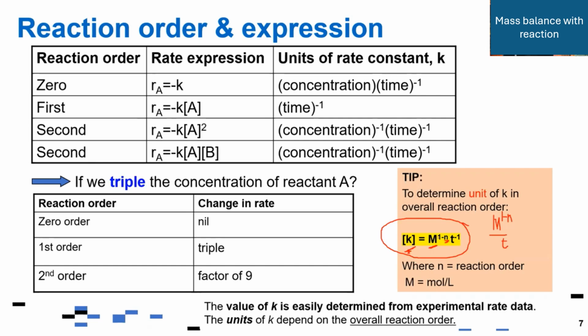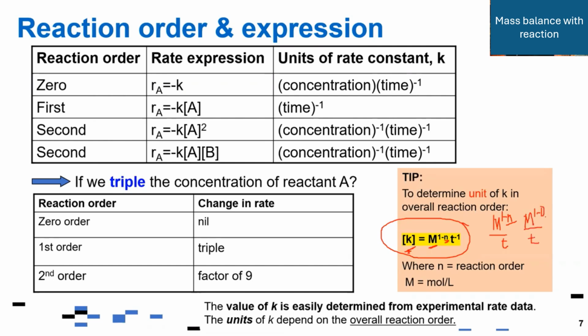If you want to determine the k unit, what you do is put in the n. What is going to be the n here? For example, let's say we put 0. So M^(1-0) over T. What happens?